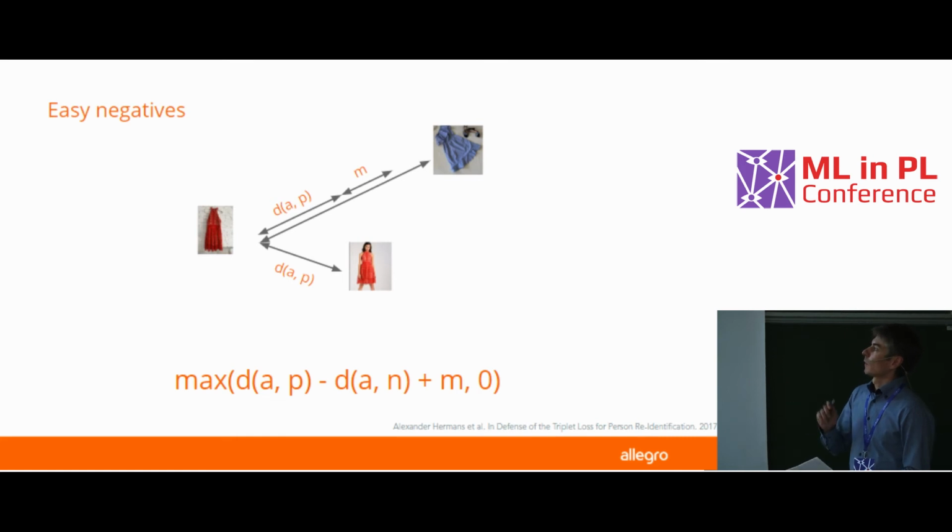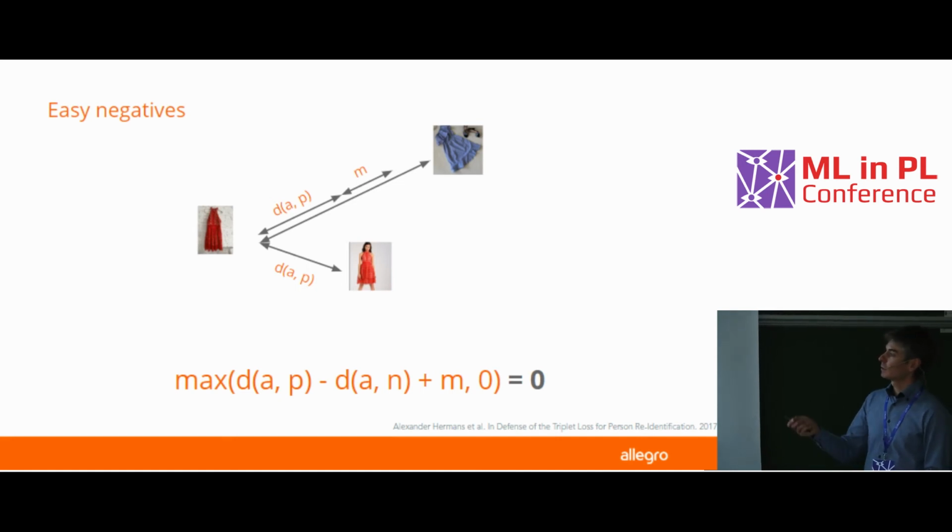But when we choose our negatives at random, and we do here, then it quickly turns out that most of the negatives are already far enough. And then the loss function indicates that the loss is 0, and there is nothing to do, and as there is nothing to do, our model learns nothing new.